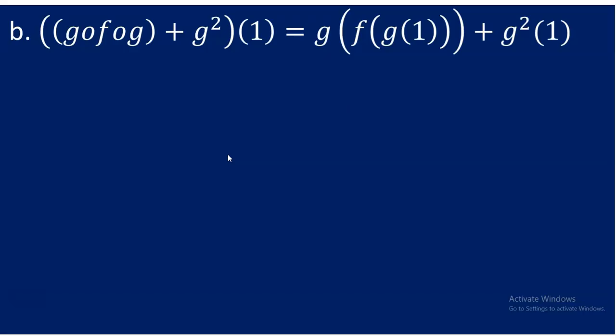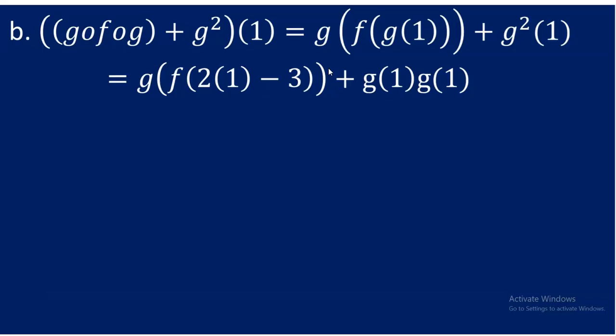You see, (g∘f)(g + g squared)(1) is going to be this one. So we can write this like this: g of f of, look, g of f of what, students? g of 1, as you see, plus g squared of 1, that is g of 1 times g of 1. So as we obtained before, this is g of f of, what is g of 1, students? g of 1 is basically 2 times 1 minus 3, because g of x was given by 2x minus 3.